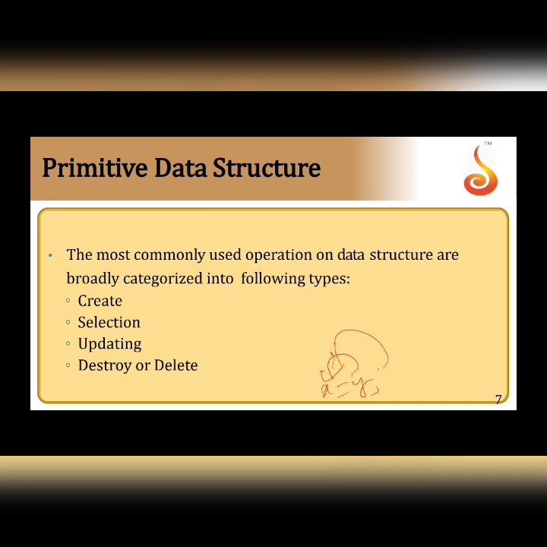So it gets updated, and I can delete it also, provided it's a pointer. I can delete or release the memory used. So that is create, select, update and delete. These are the most commonly used operations on primitive data structures.